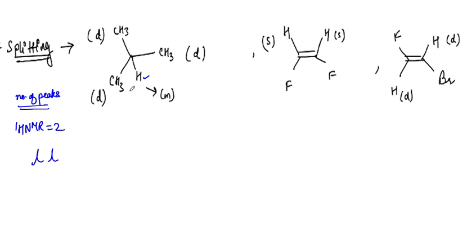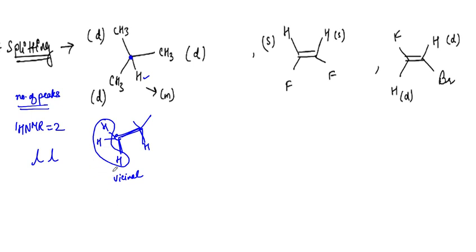Let's see that. First of all, let's talk about the vicinal coupling, guys. This is our central proton over here, and this is our carbon, which is going to have 3 other hydrogens. So this is our 3-bond coupling, which we also call the vicinal coupling. In the vicinal coupling, we see that these 3 protons are all similar.